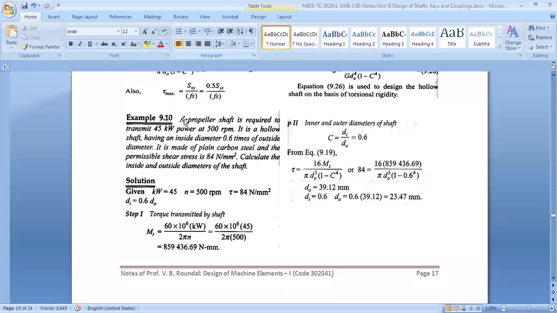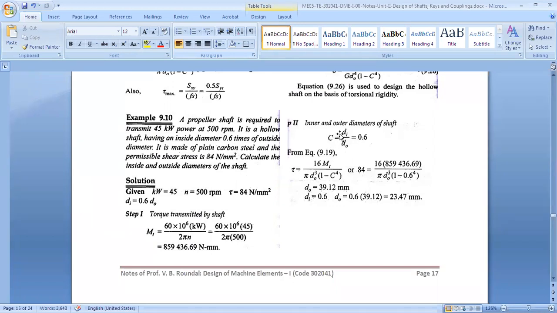But in this example they have given a power of 45 kilowatt. If we know the power and RPM, we can see 60 into 10 raised to 6 into 45 upon 2 pi into 500, as the RPM is 500. So they have found out the twisting moment Mt. Now if we know Mt, and they have given the diameter ratio, right? The hollow shaft having inside diameter 0.6 of the outside, so di upon do, which is c, is 0.6.